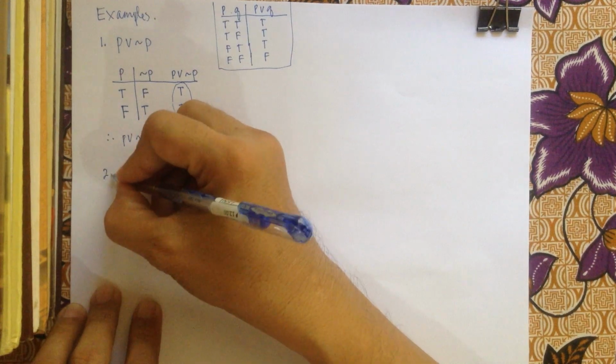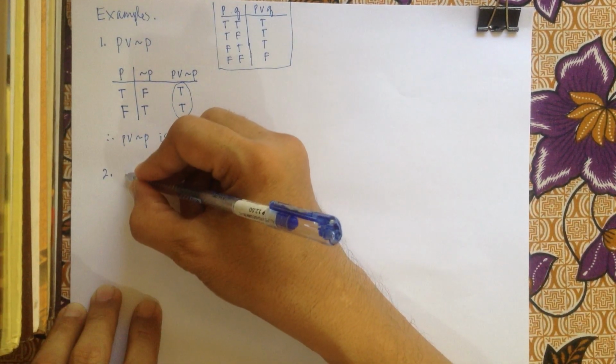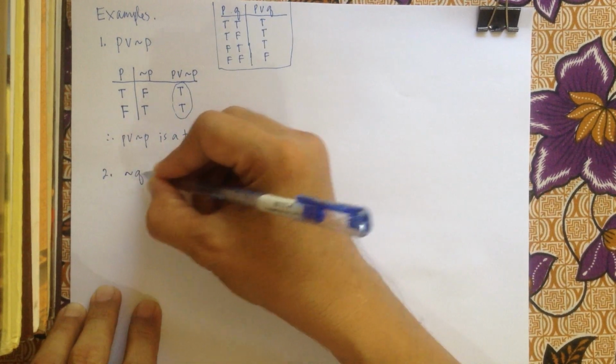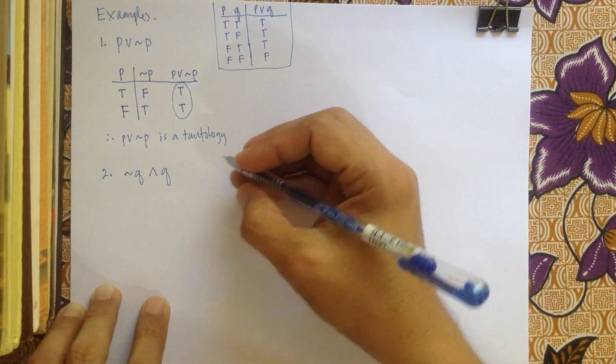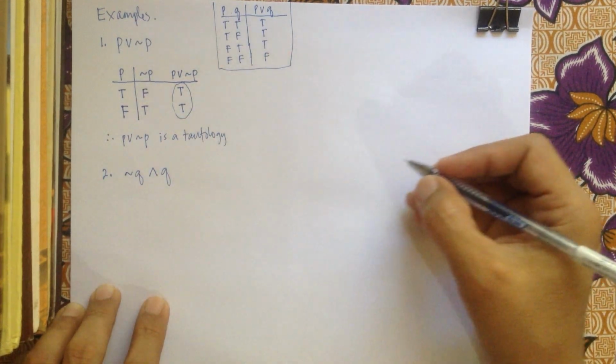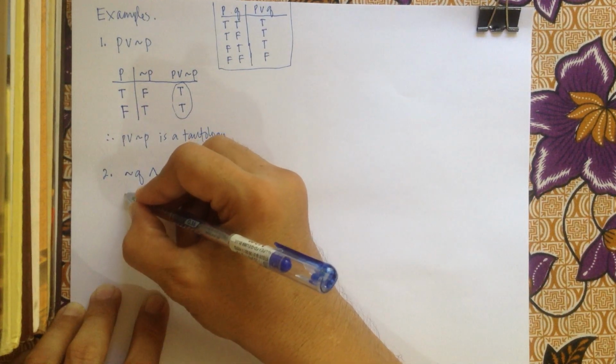For our second example, let's consider negation of Q and Q. Now, is this a tautology or a contradiction? Let's again construct the truth table.